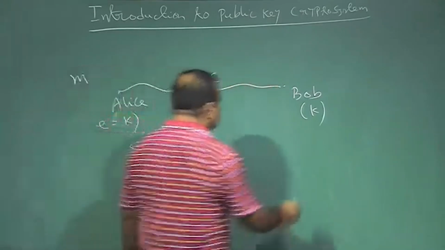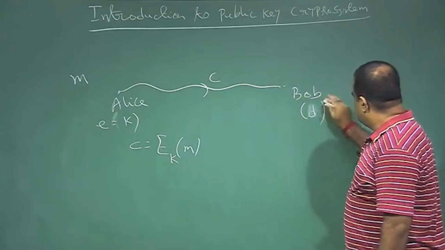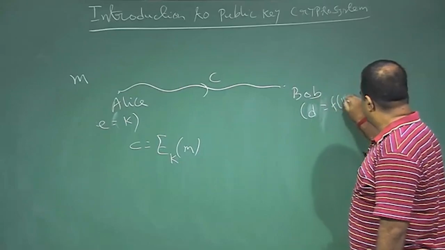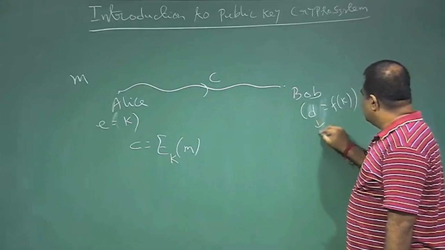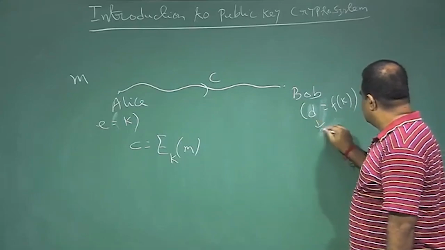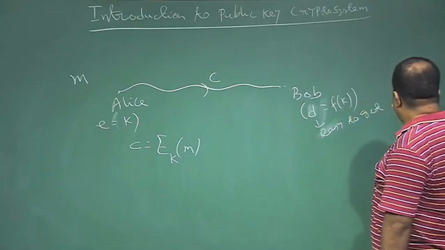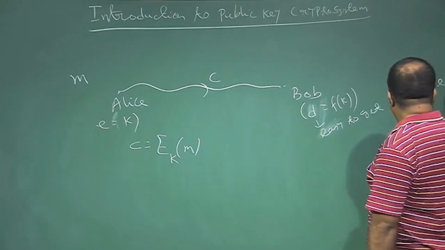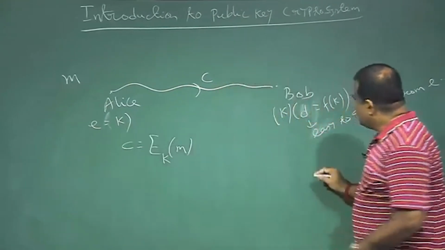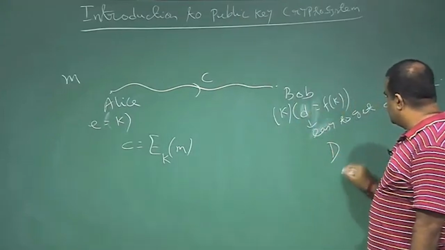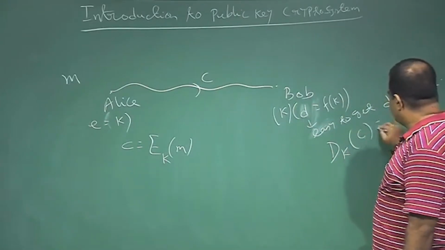Now Bob has this k or the decryption key, which is a function of k or which is basically the same as k, and it is easy to get D from E. If they are the same, then both have the common key k. Then Bob runs the decryption algorithm using this decryption key on this ciphertext.